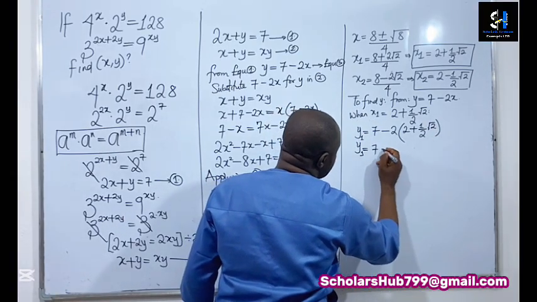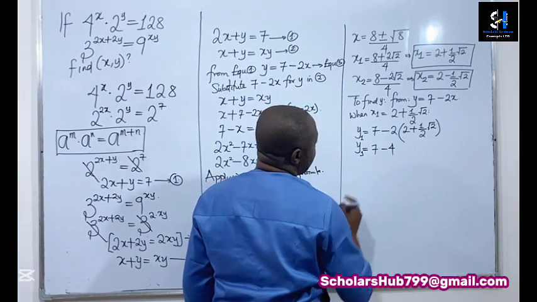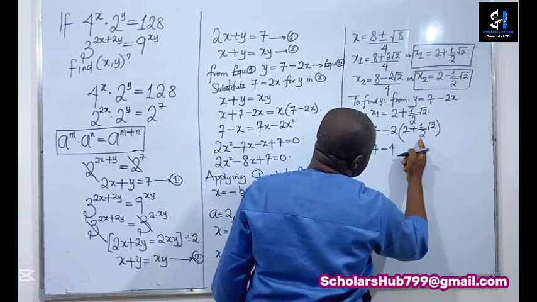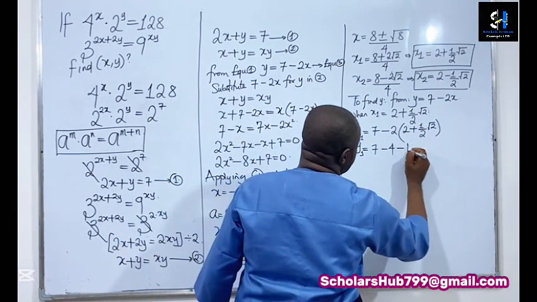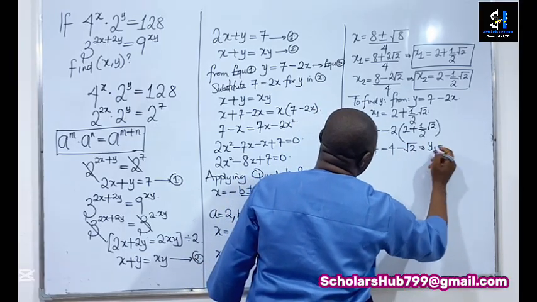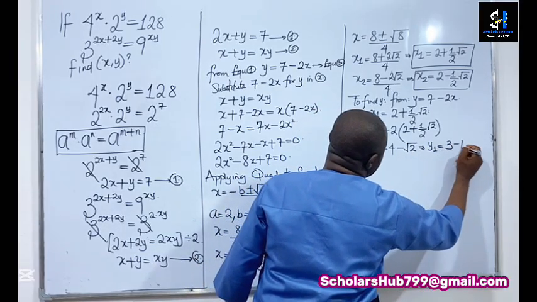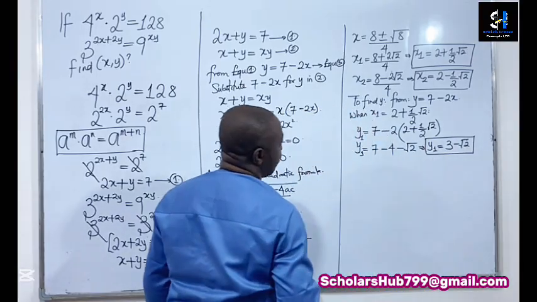So 7 minus 2 times 2, that will be minus 4, minus 2 multiplied by positive 1 half of root 2, that's going to be negative root 2. 7 minus 4, then we can say that y1 equals 3 minus root 2. So this is the first value of y.